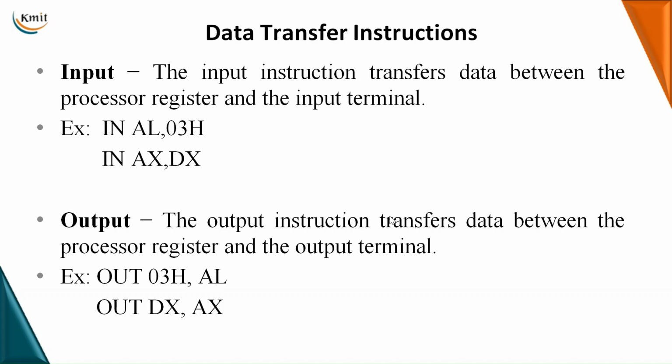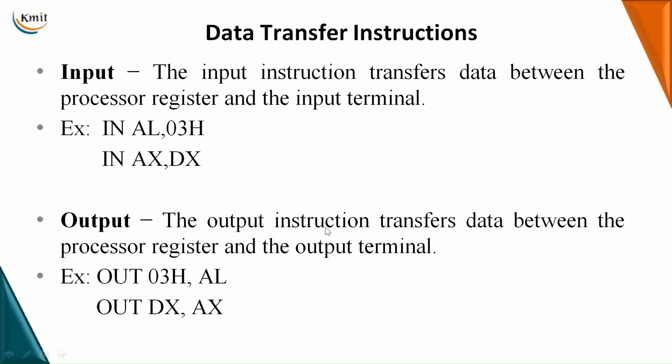The next two instructions are input and output. The input instruction transfers the data between the processor register and the input terminal. So between the input terminal and the processor register, the particular information will be exchanged. Here AX and DX: one is the input terminal and the other is a processor register, and between these two the information will be exchanged.